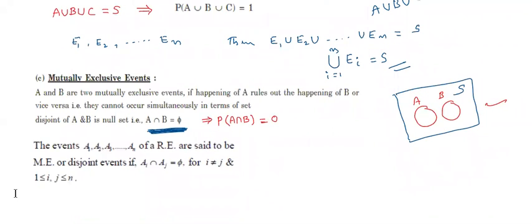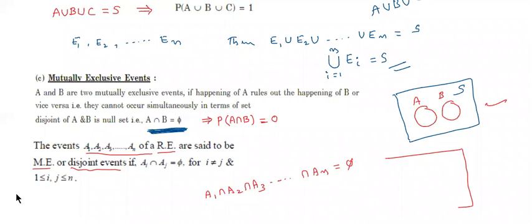We can say it another way also. The events A1, A2, A3, and so on, An of a random experiment are said to be mutually exclusive or disjoint events. That means A1 intersection A2 intersection A3 intersection, and so on, An is equal to the null set. If you want a diagram, see this. This is the total sample space.